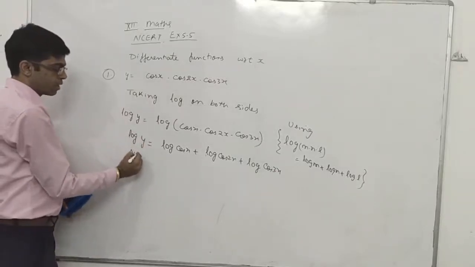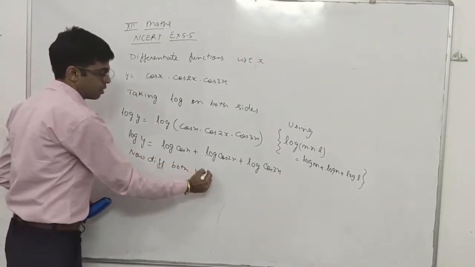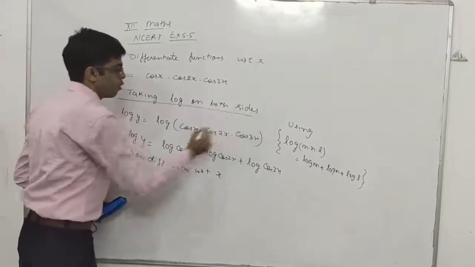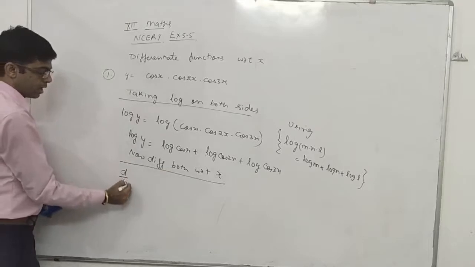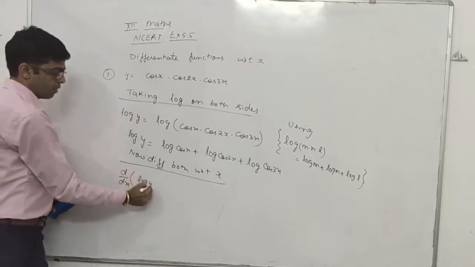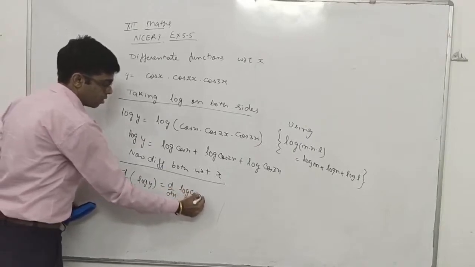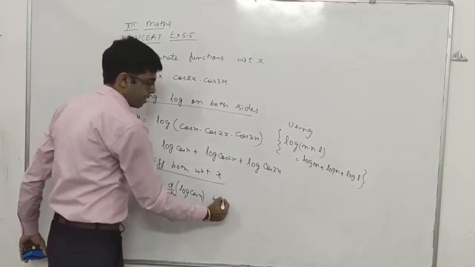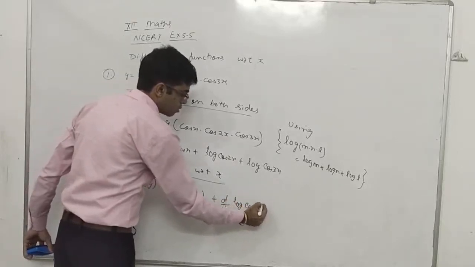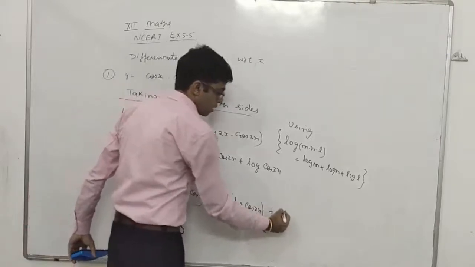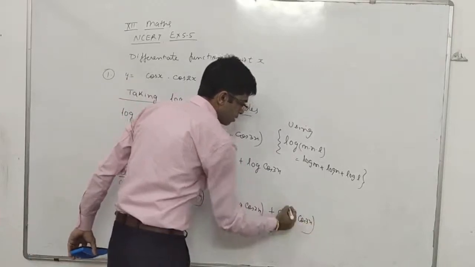Now differentiating both sides with respect to x. First we will take log, then we have to differentiate this. So d by dx of log y, d by dx of log cos x, d by dx of log cos 2x, d by dx of log cos 3x.